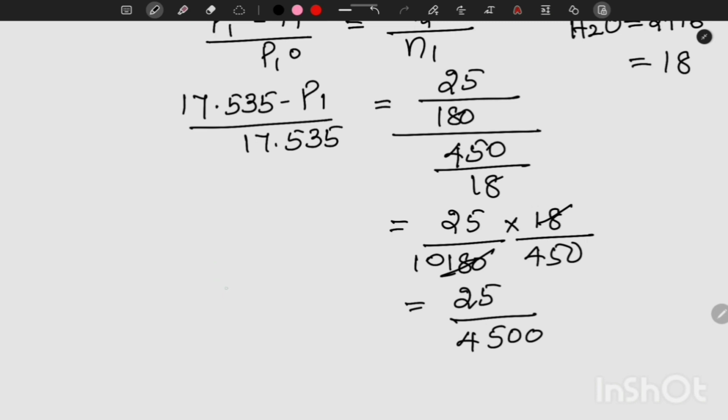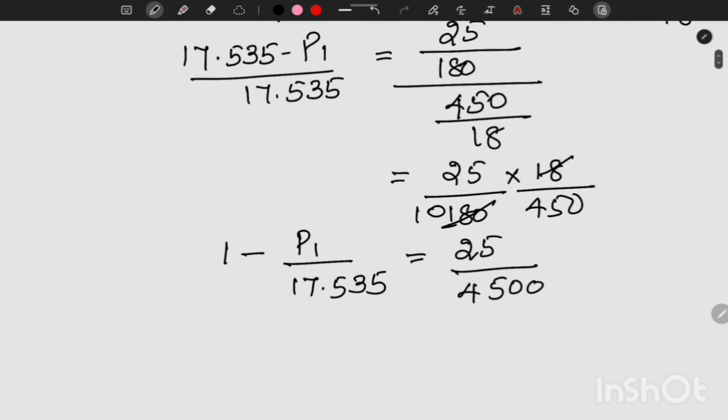Now here 17.535 by 17.535 will be 1, minus P1 by 17.535. We divided both terms by 17.535, so we got 1 minus P1 by 17.535. Now 25 and 4500, when we divide, we will get 1 by 180.